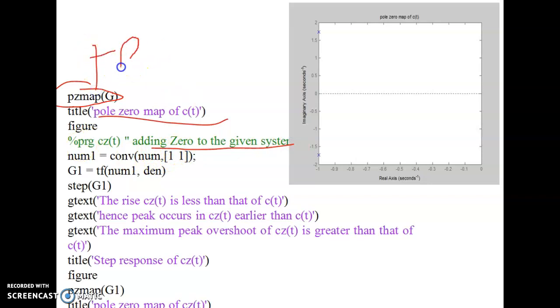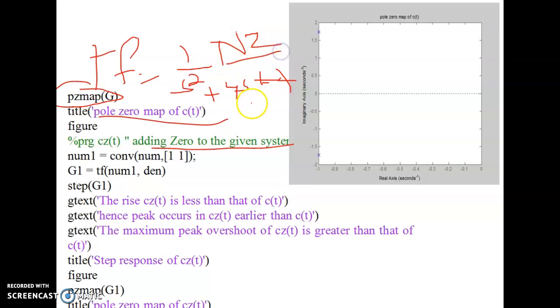How to add zeros to the transfer function: suppose you know the transfer function 1 over s square plus 4s plus 4. So this is the transfer function. For this desired transfer function, if you are adding a zero, in general all the zeros are added in the numerator polynomial and all the poles are added in the denominator polynomial. Suppose I add here 1 zero, that is nothing but s plus 1 in the numerator. Then you will get this equation.